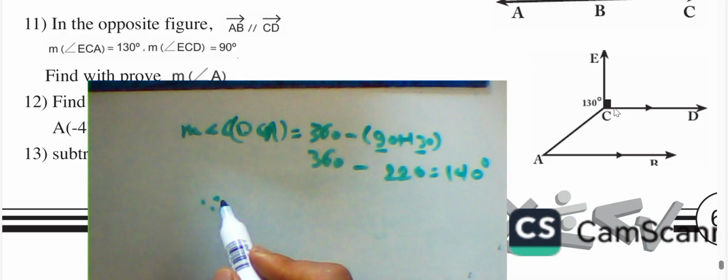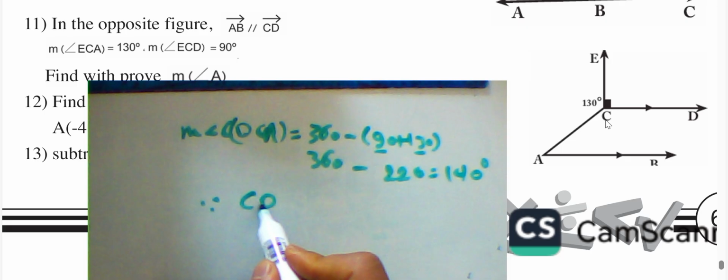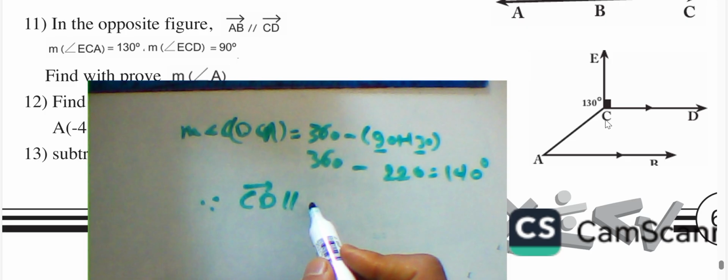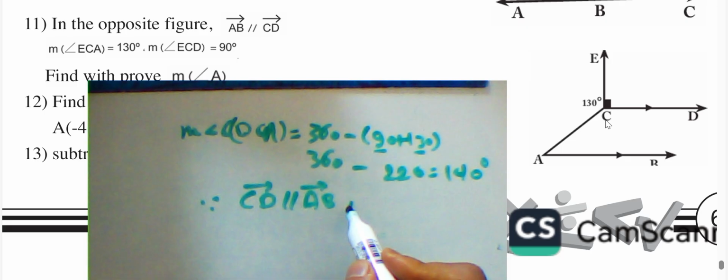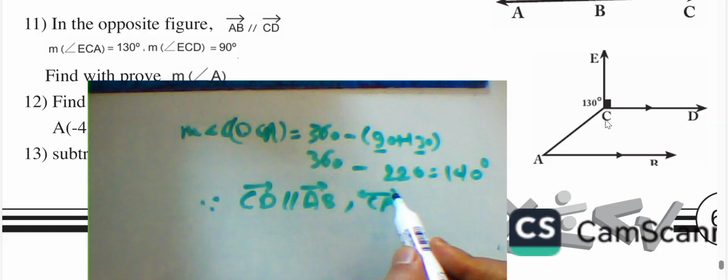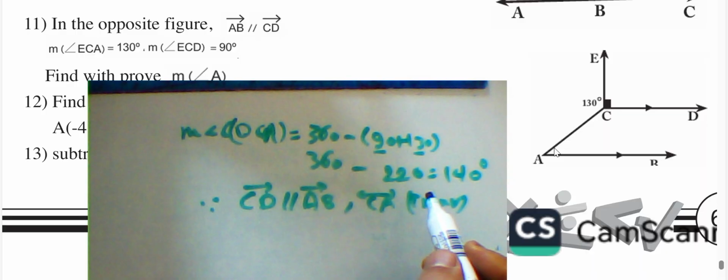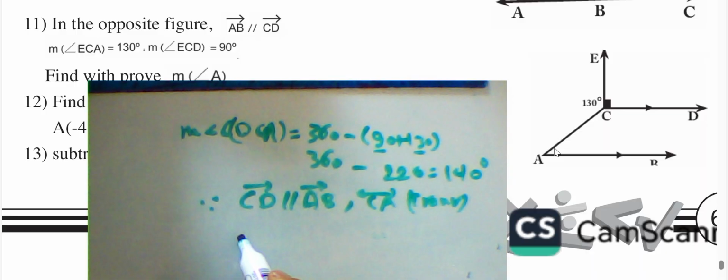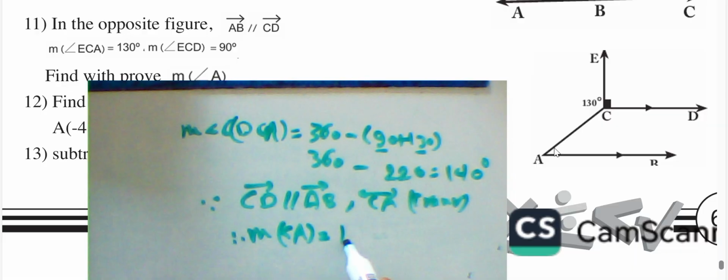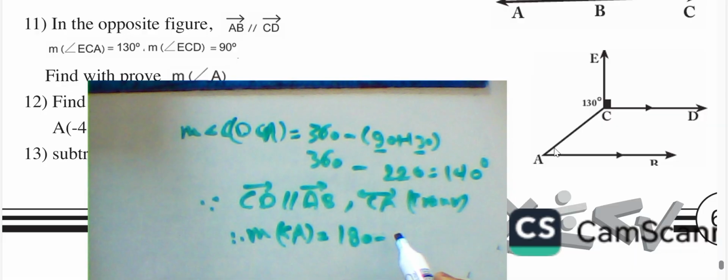Then we have two parallel rays, CD parallel to the ray EB, and CA is a transversal on them. Then the measure of angle C plus the measure of angle A equals 180 degrees. Then the measure of angle A equals 180 minus 140 equals 40 degrees. We call them supplementary angles.